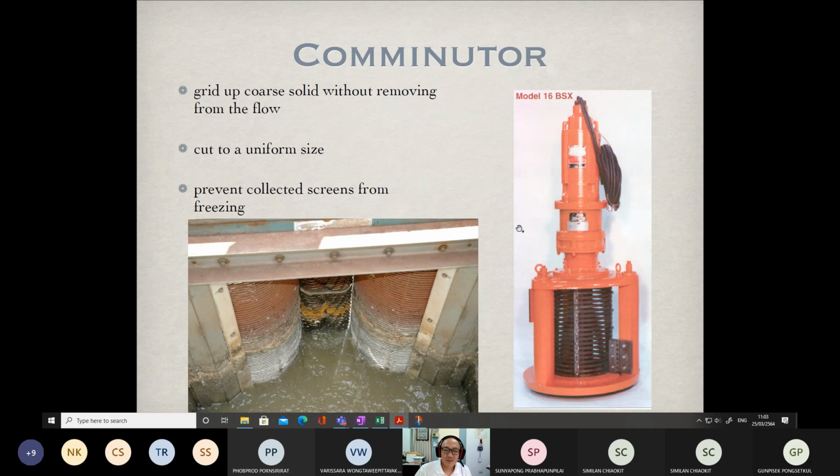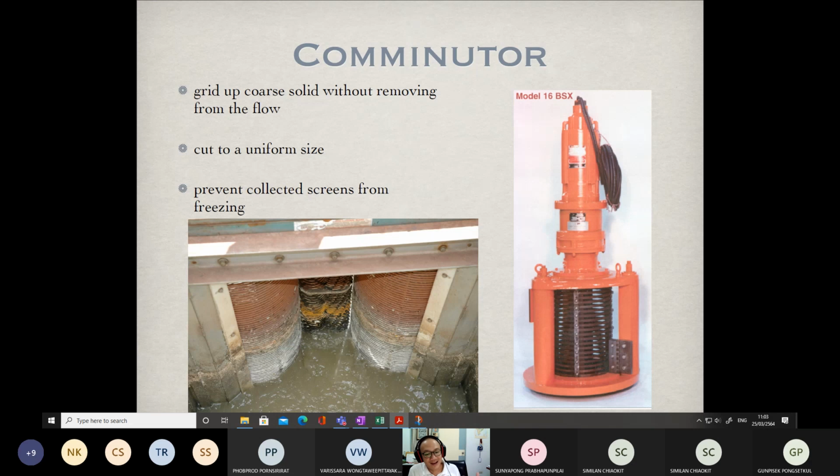This is not really equipment we use to separate solids from liquid. We just use it to cut big objects to a uniform size, from a big size to a smaller but uniform size.